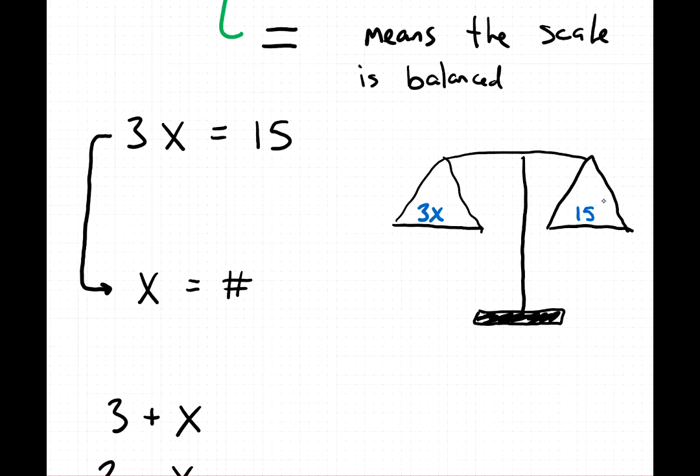And by change, we can add something to both sides. We could subtract something from both sides. We could multiply both sides by a number, or we could divide both sides by a number. What we're going to do here is divide, because the opposite of multiplying by 3 is dividing by 3.